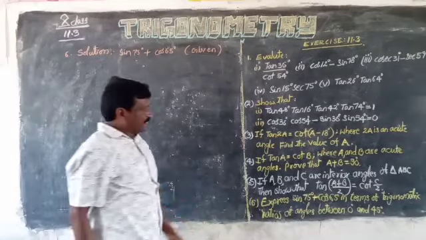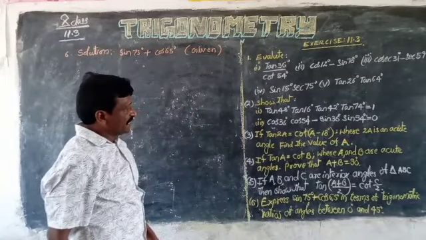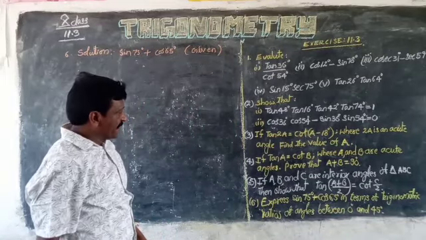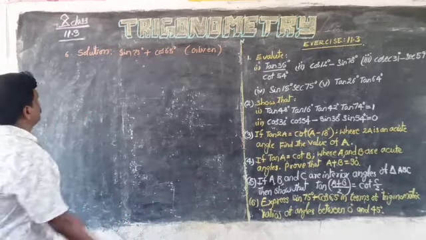Sixth sum: express sin 75 degrees plus cos 65 degrees in terms of trigonometric ratios of angles between 0 and 45 degrees.